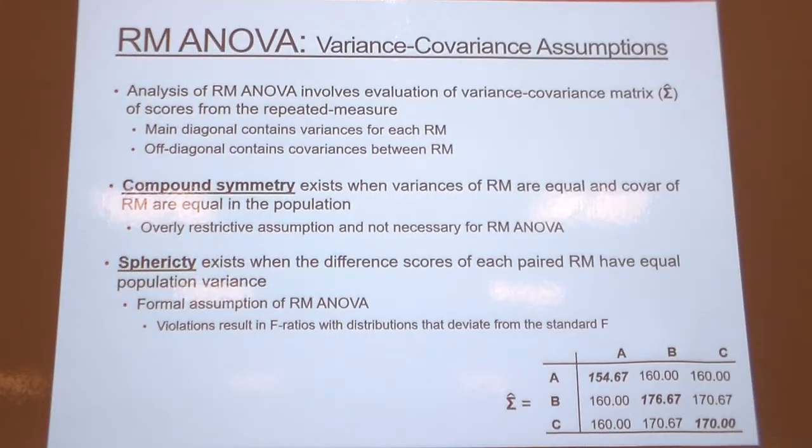So this is saying for all 20 people in this study, if we took the difference of time 1 and time 2, and calculated a variable for that, a difference between time 1 and time 3, time 2 and time 3, and we took a look at those difference scores, sphericity says that the difference scores of each one of these pairs is going to have the same variance in the population.